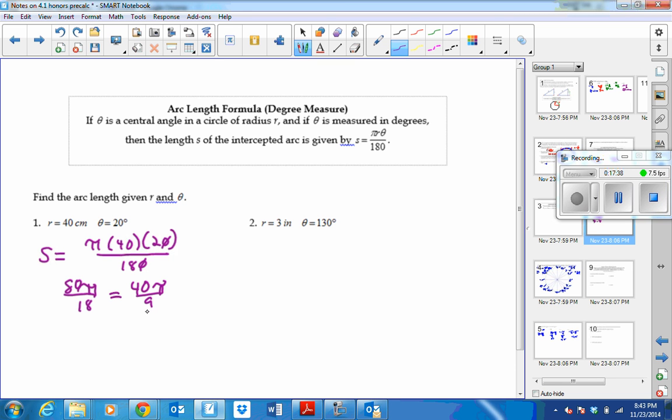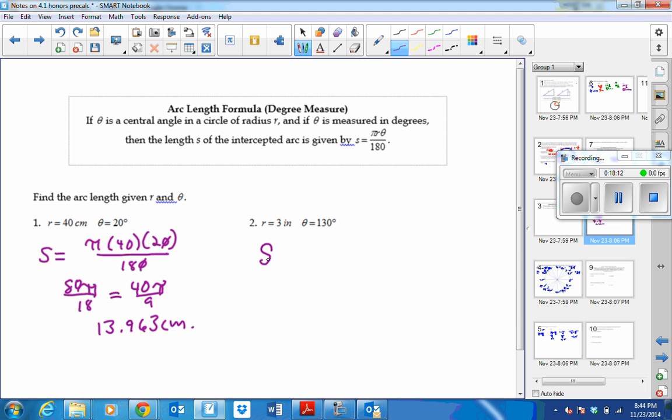This is exact, but it doesn't make a whole lot of sense to use it because it wouldn't mean anything to anybody to tell them, oh yeah, that arc length is 40 pi over 9. So when I multiply that out, I get that it is actually 13.963 centimeters.